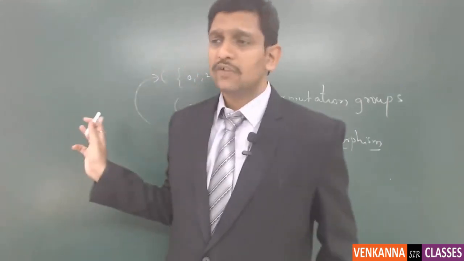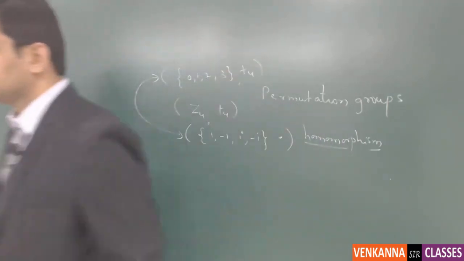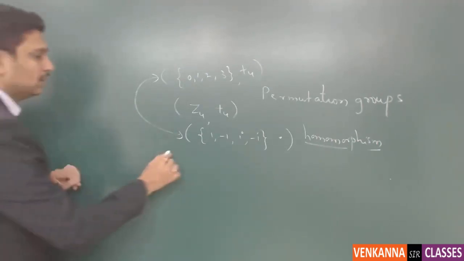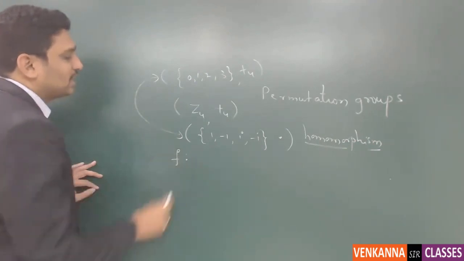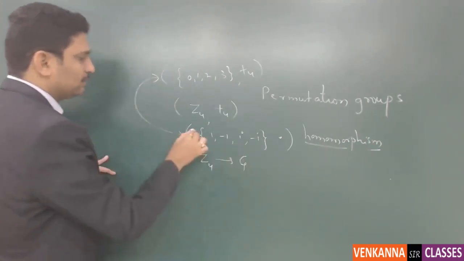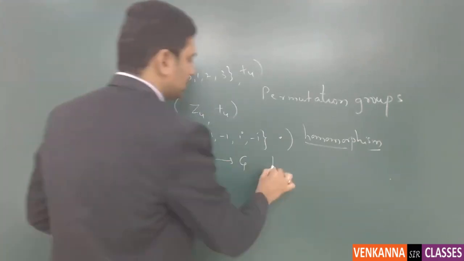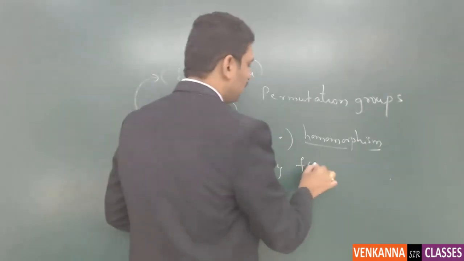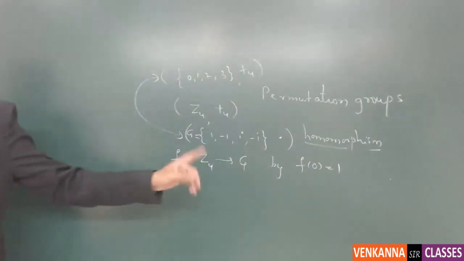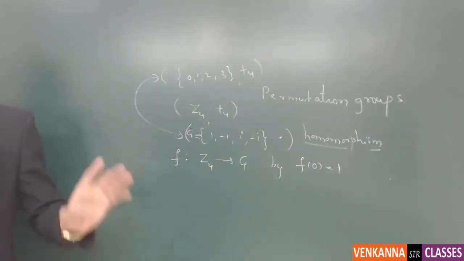In the second set, what is the identity element? 1. So here, you are going to define a function f from Z4 to, say, this is G, by f of 0 is equal to 1.